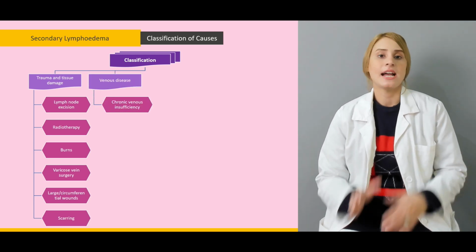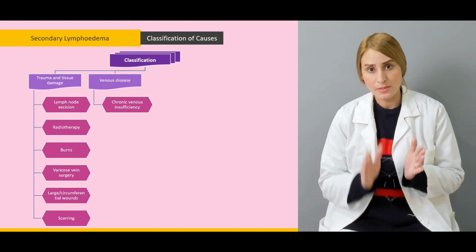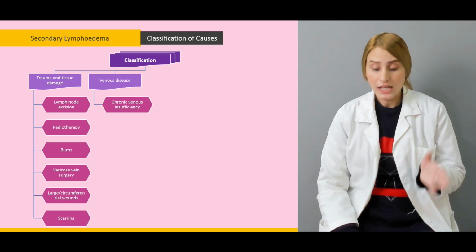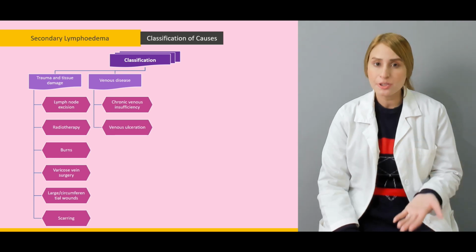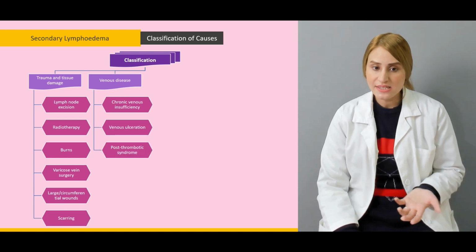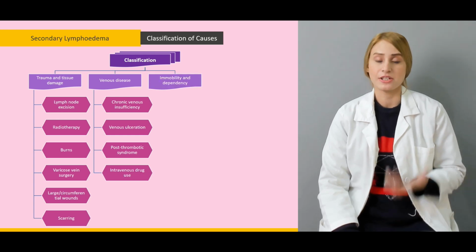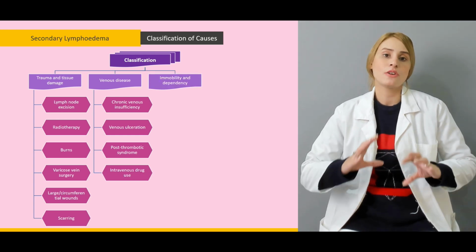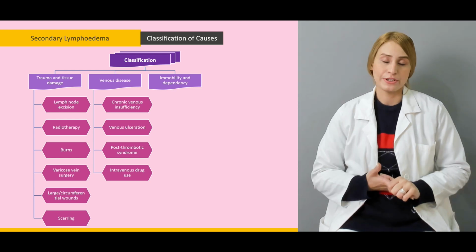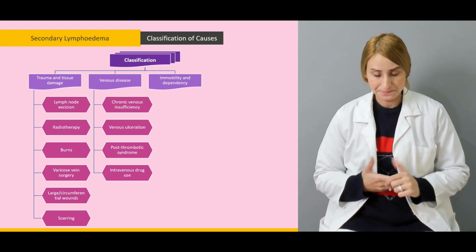Venous diseases, I have already discussed, like deep vein thrombosis, superficial thrombophlebitis, chronic venous insufficiency, venous ulcerations, post-thrombotic syndromes, and intravenous drug abusers. They are also causes for the development of secondary lymphedema.